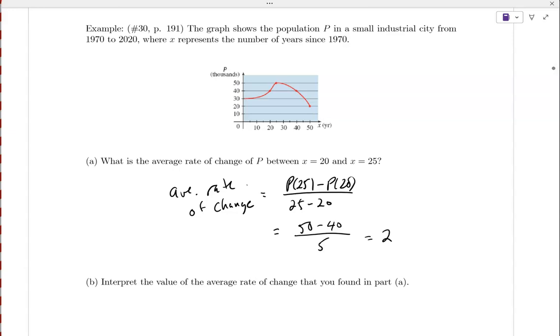What that did not give me, just looking at the formula there, is units, and that's what part B is asking for: the units and interpreting what's going on. Remember, it's change in the y value over the change in the x value. What units are y in here?